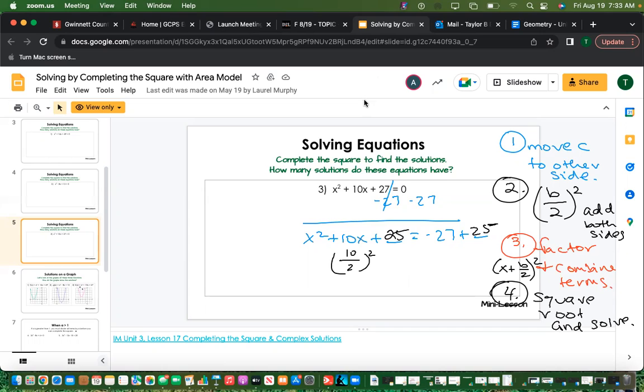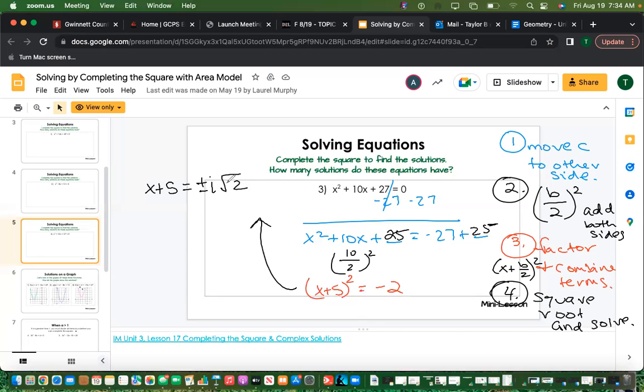Now we're going to factor. So this is going to give me x plus 5 squared equals negative 27 plus 25 is negative 2. And now we're going to take the square root of both sides. So when we do that, that's going to give us x plus 5 equals positive and negative i square root of 2.